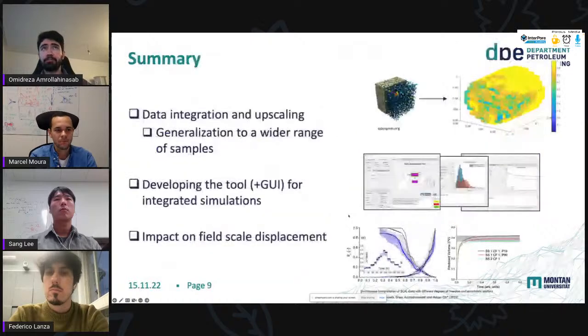Having said that, what we are doing here is the integration of the data from the small scale to the large scale.